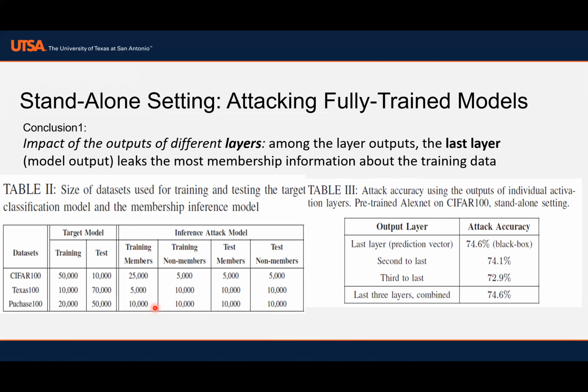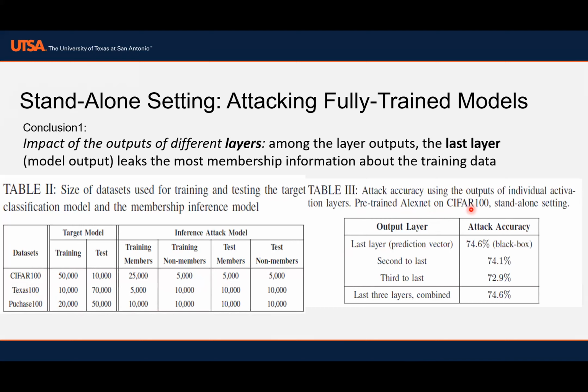I think the last table that they show is CIFAR 100, not the Texas one. I checked the paper and actually CIFAR 100 outperforms the other data sets, so they only show CIFAR 100.